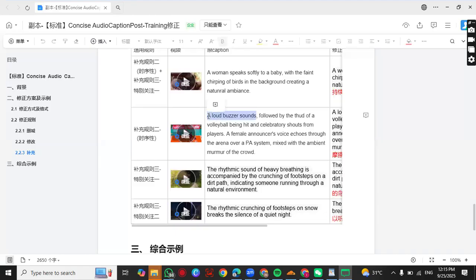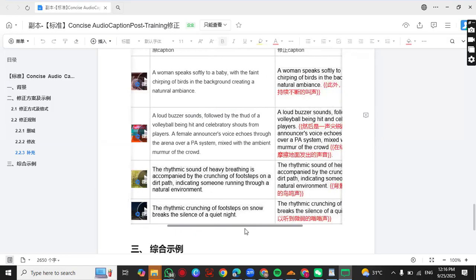So we have to put it in square brackets, and then we have to say that the lady, I think, what do you call that? Referee? I don't know. So she says something, then they started the game, and followed by the thud of a volleyball. Yes, that is being heard. There's a sound of the people at the background that is being heard.